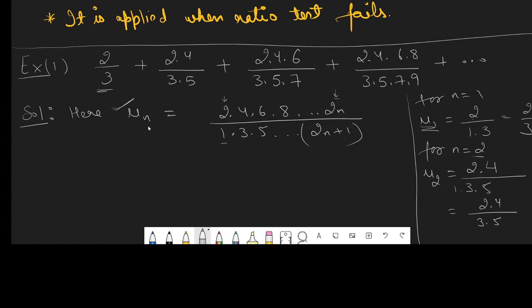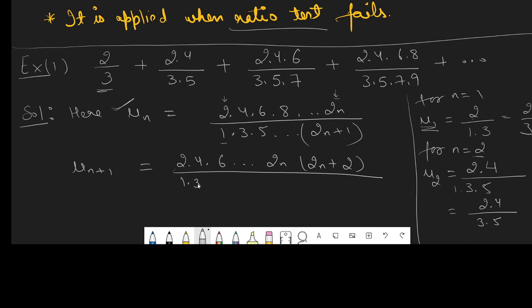Now Raabe's test is applied when the ratio test fails, and for the ratio test we need to find un plus 1. un plus 1 is equal to, if you put n plus 1 here, then it will be 2 into 4 into 6 up to 2n plus 2, divided by 1.3.5 up to 2n plus 3, if you put n plus 1 instead of n.